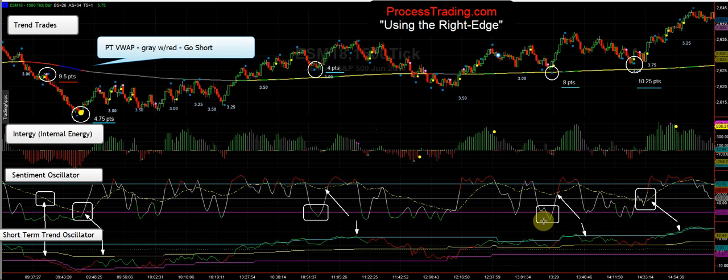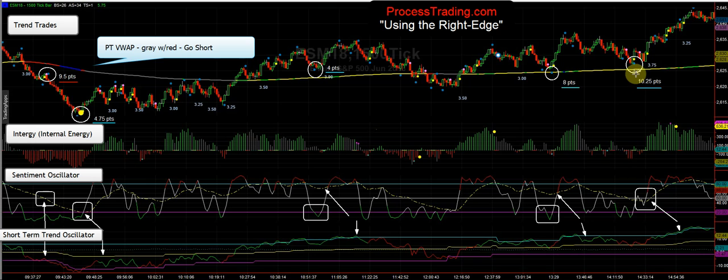And now it's coming up through the upper bound, and the momentum line is crossing the sentiment line just the same. And the short-term trend oscillator is also starting to head up at this point. So again, the discretionary indicators help provide evidence and confirmation to take our long trade according to the trend trading techniques.